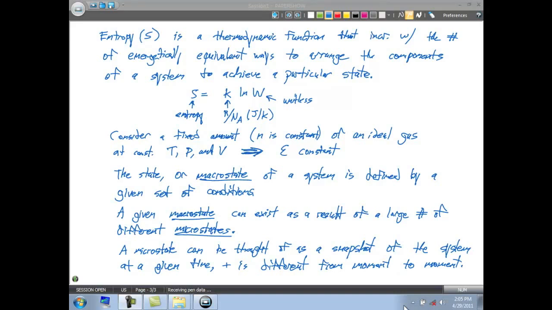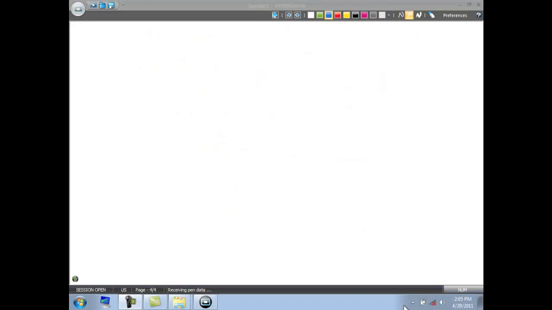So the first set of states that we're going to look at is what I'm going to call state A versus state B. We're going to put a given set of conditions on each of these states, and we can look at the overall relative energy of each of them.